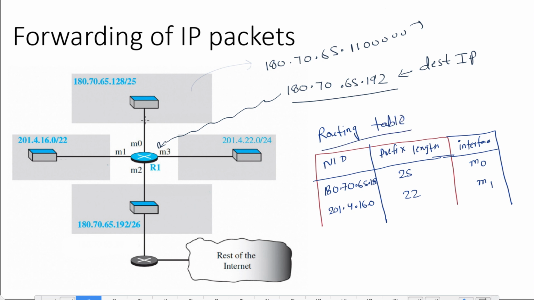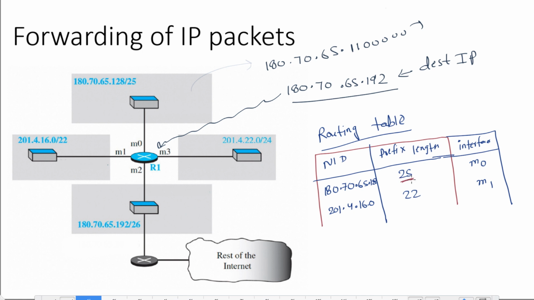Now the question is still open: how is this router going to determine to which interface it should route this packet, which has this destination IP? This is very simple. We take this destination IP and check which network it belongs to. How do we check it? We apply this mask.